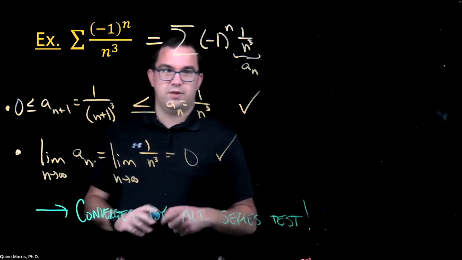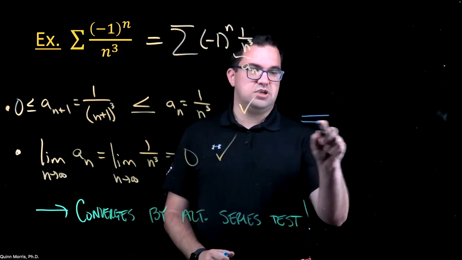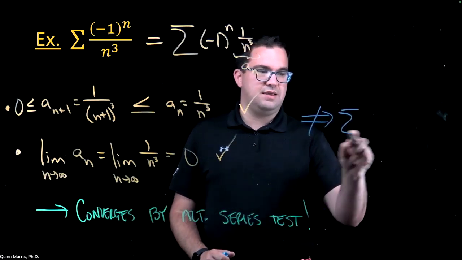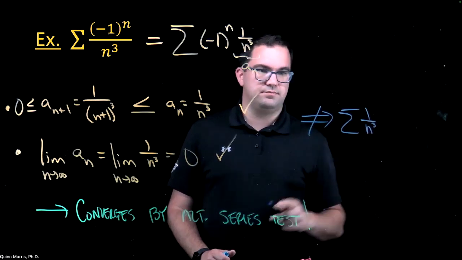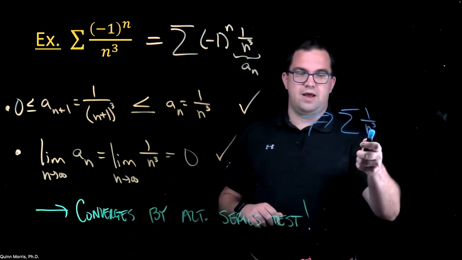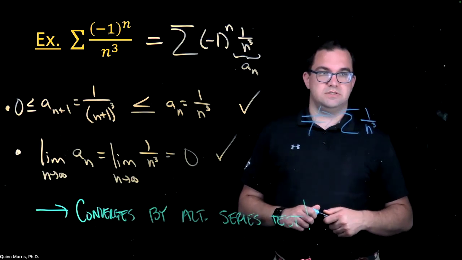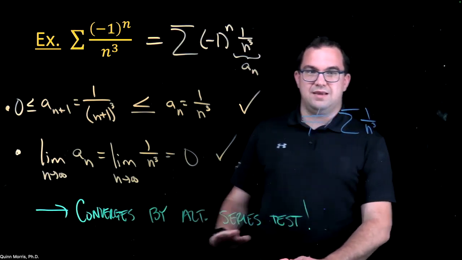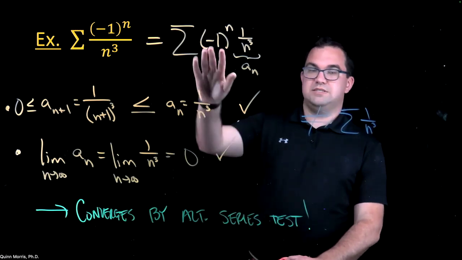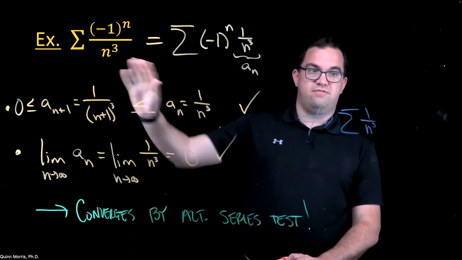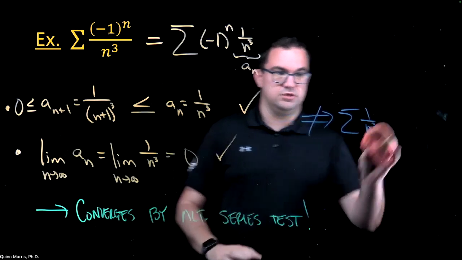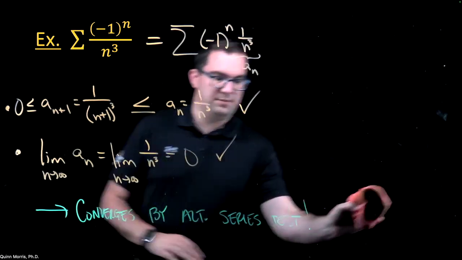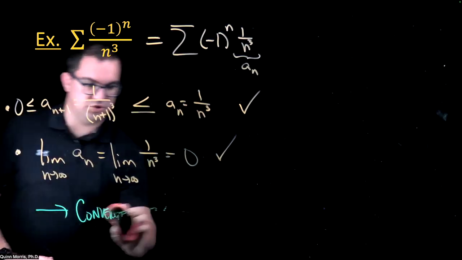Now, I do want to point out, this does not necessarily tell you anything about this series. In this case, it does turn out that this series also converges. But in general, you don't know anything about the series that's not alternating based on the fact that the alternating series converges. So just be careful. There's a limitation there in what it tells you.